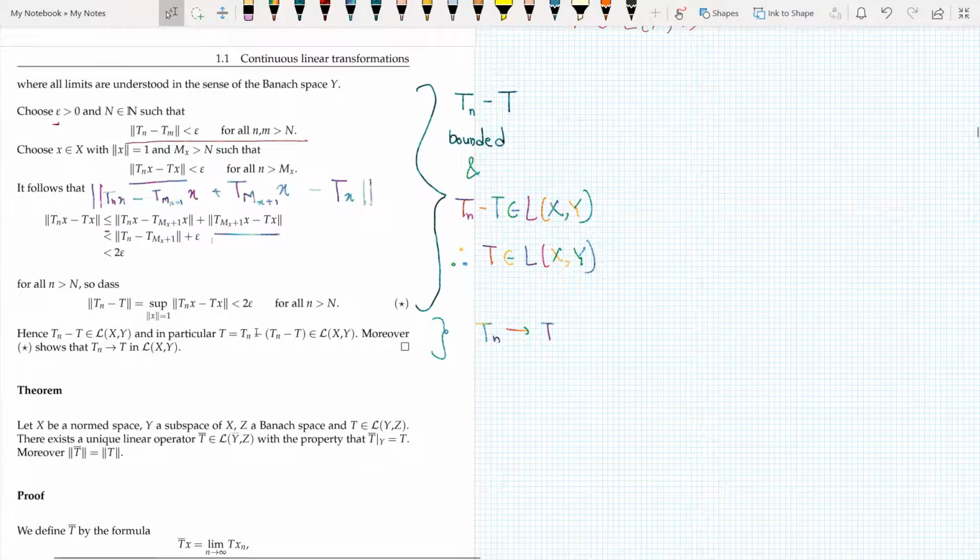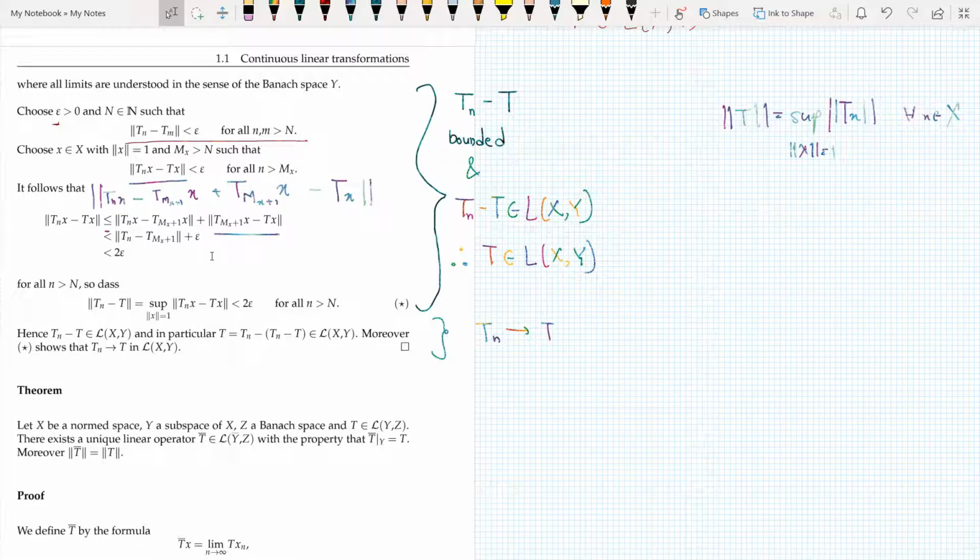And now if we remember how we defined our notion of the norm of an operator, it was norm of T is equal to the sup of norm of Tx, over norm of x equal to 1, for every value of x belonging to capital X. So this is how I define my norm of T. So similarly, my norm of Tn minus T is defined in the exact same way.